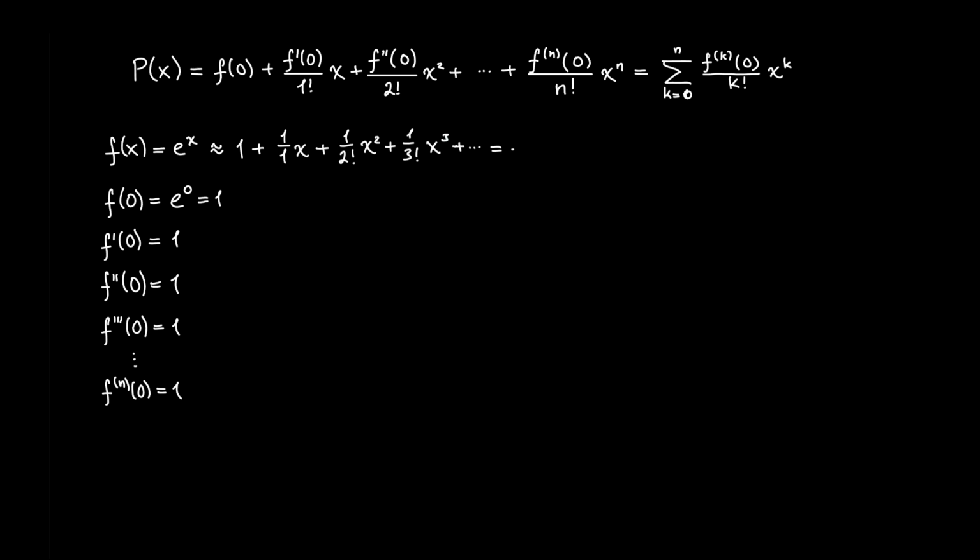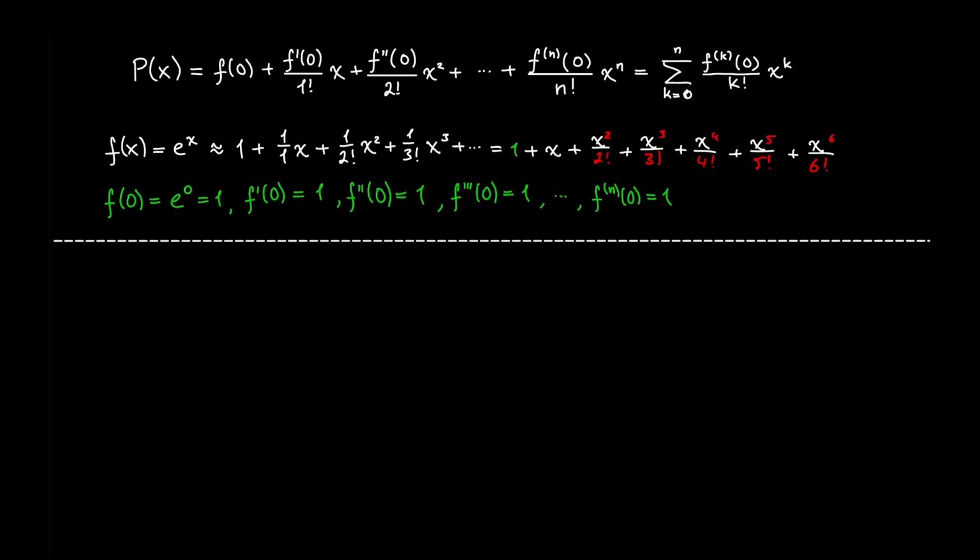We're able to write this in a prettier fashion: 1 plus x squared over 2 factorial plus x cubed over 3 factorial plus x fourth over 4 factorial plus x to the 5 over 5 factorial, and the last term x to the 6 over 6 factorial. We could keep this going, but let's just say we stop here for now.